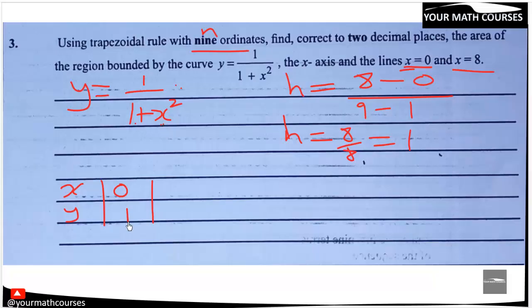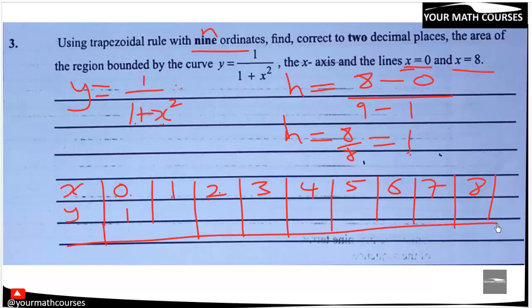Then we add 1 to this 0, that gives us 1. We add 1 again, we get 2, then 3, in that order 4, 5, 6, 7, 8. That is our table.